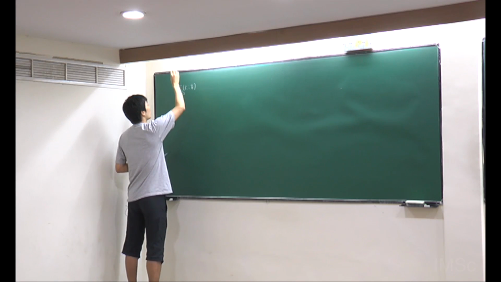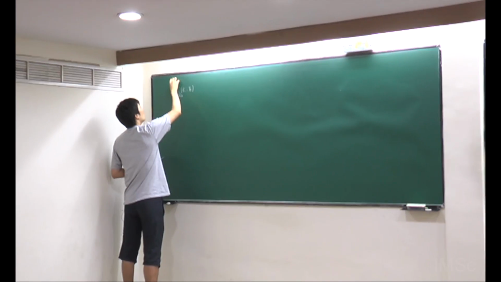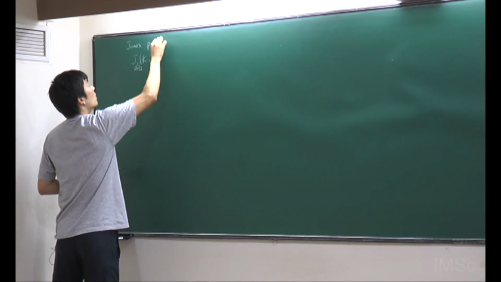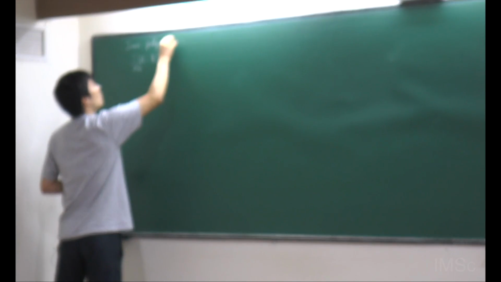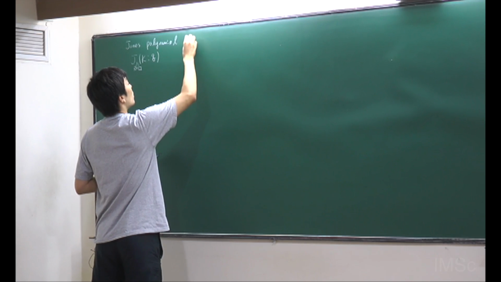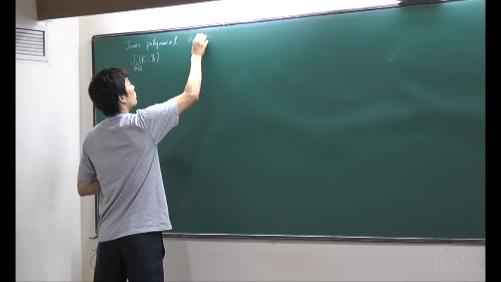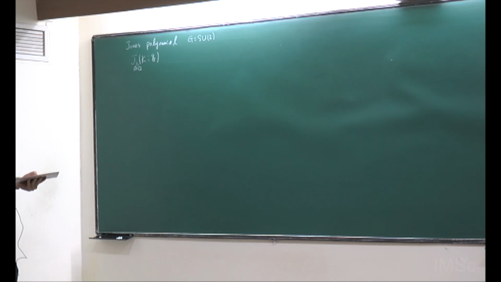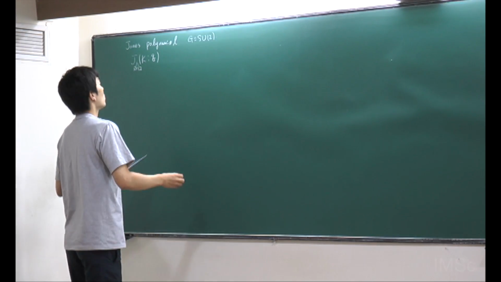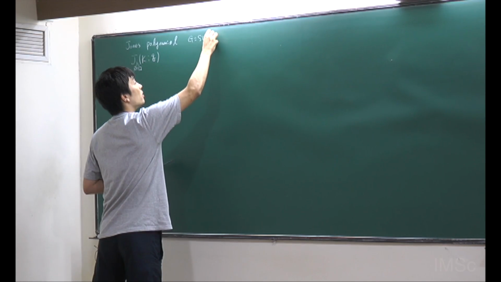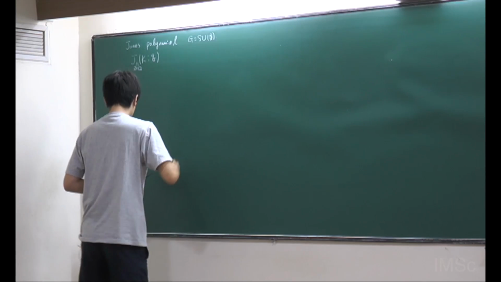So this is the Jones polynomial, the case G equal to SU(2). In general, also in this talk, I'll talk about SU(N), from SU(2) to SU(N).